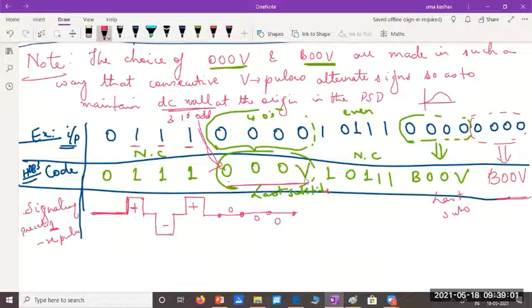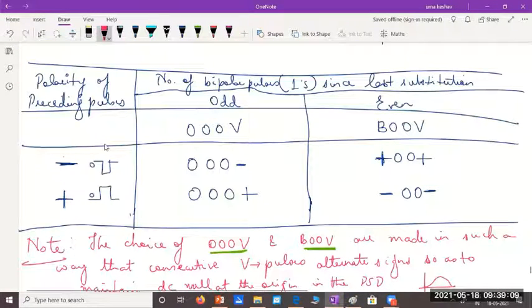Every 0 is represented with no pulse, 0 voltage state. And what should be the value of this V? Look at the preceding pulse. The preceding pulse had a positive value. If the preceding pulse was positive, what should the V value be here? It should also be positive to violate the bipolar rule.